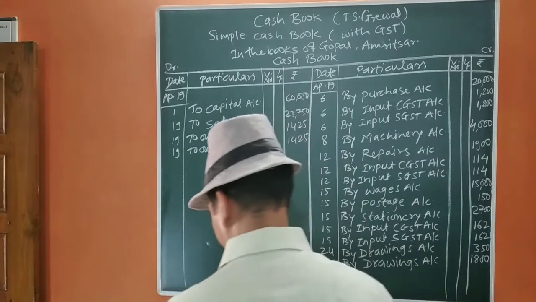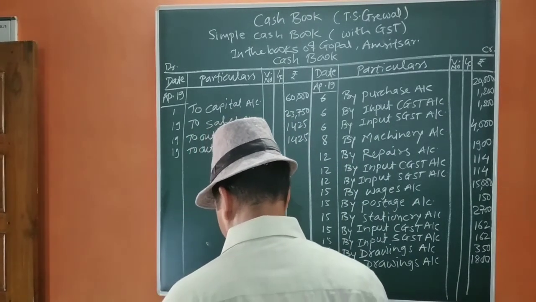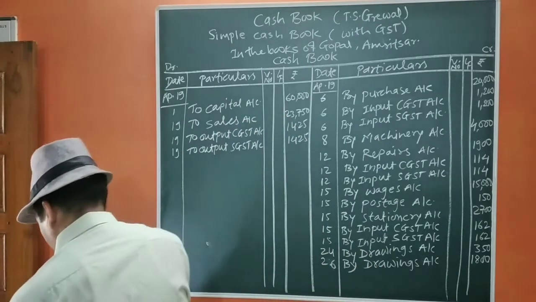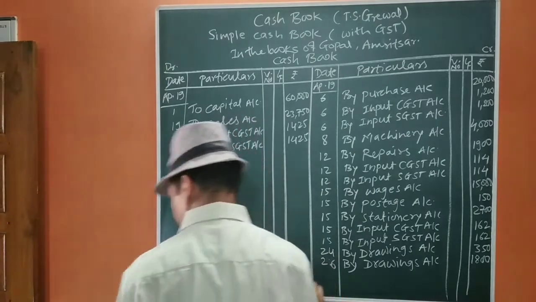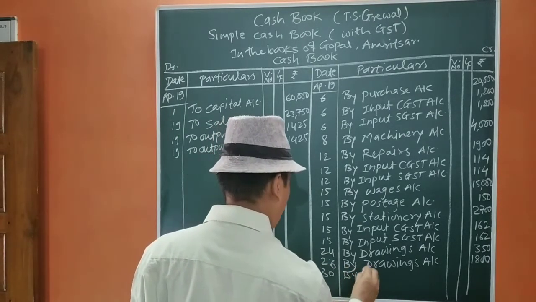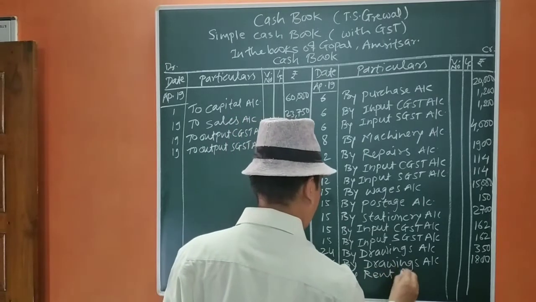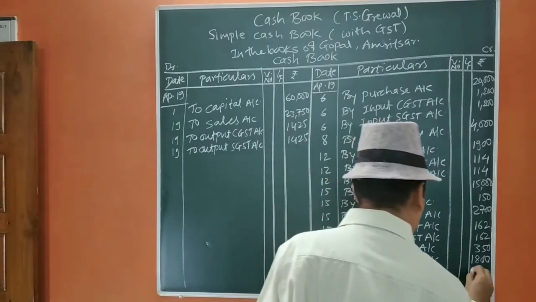Then last is paid shop rent 2000 along with CGST and SGST 6% each. Okay, so let us start. It is on 30, April 30, by rent account 2000.